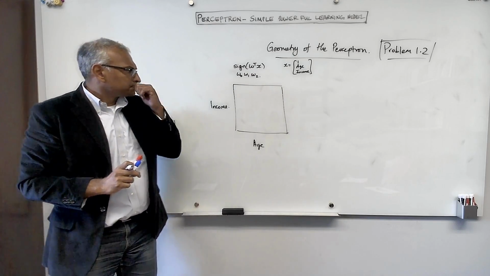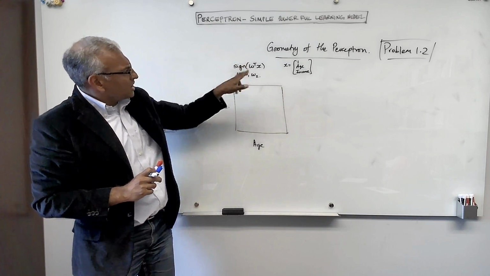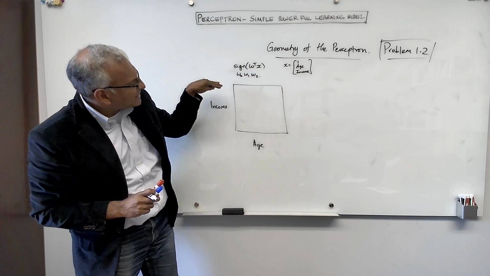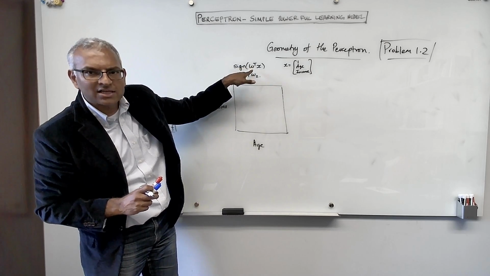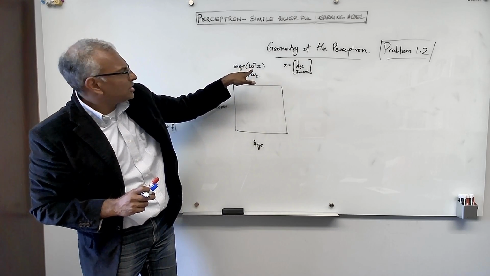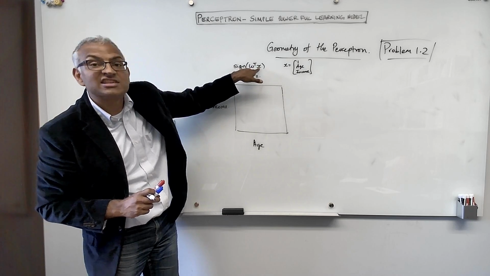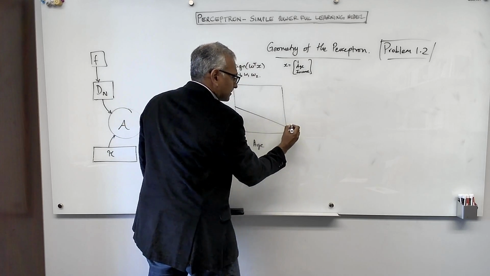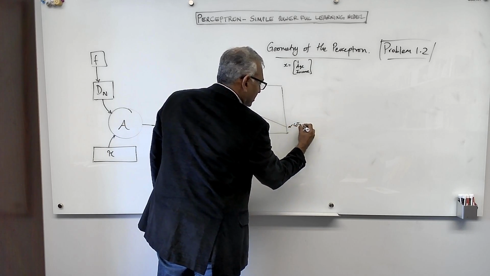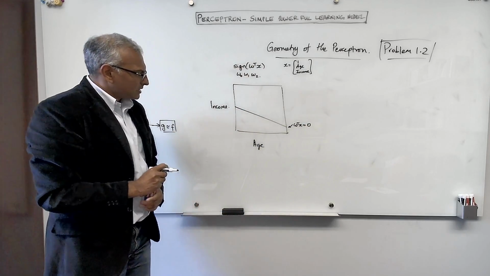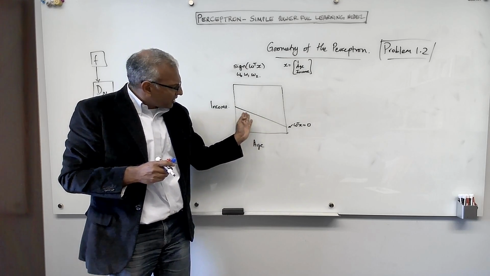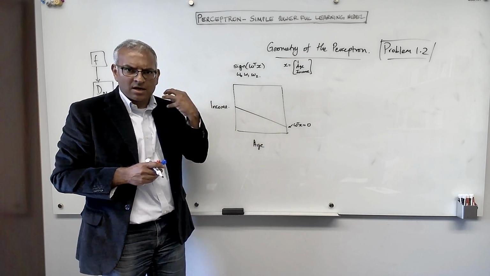Now the nature of this linear function W transpose X is that it defines a line. So if we ask what is the solution to the equation W transpose X equals 0, that's going to be a line. Now, in D dimensions, this is called a hyperplane. And when you define a hyperplane, there are 2 things that are relevant.